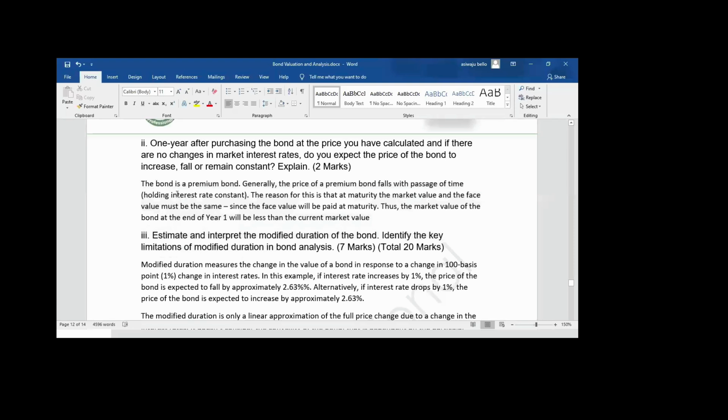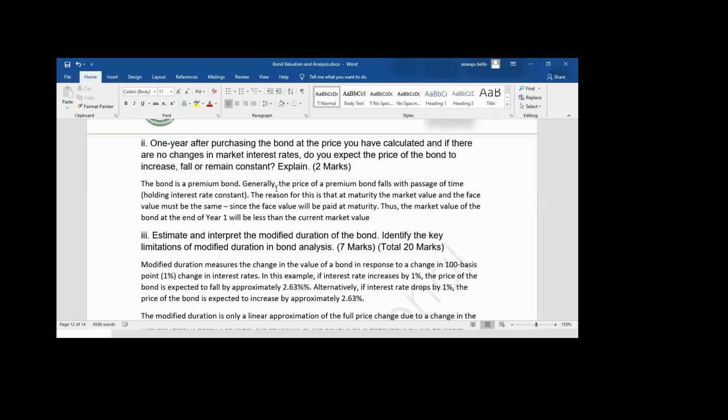The bond is a premium bond. Generally, the price of a premium bond falls with passage of time, holding interest rates constant. Generally, the price of a premium bond will continue to fall with passage of time.